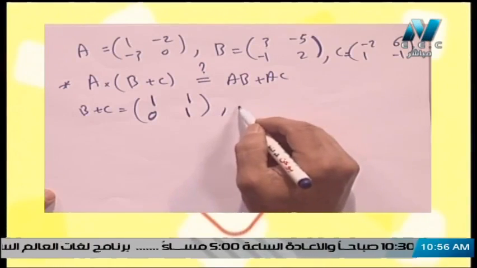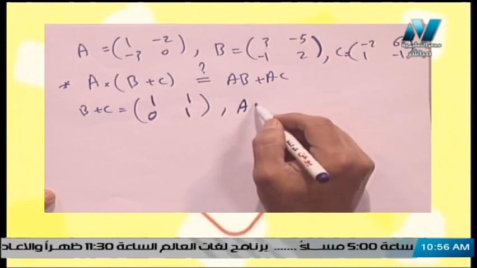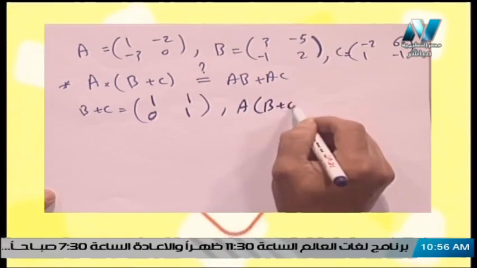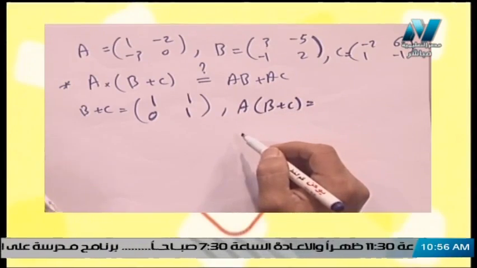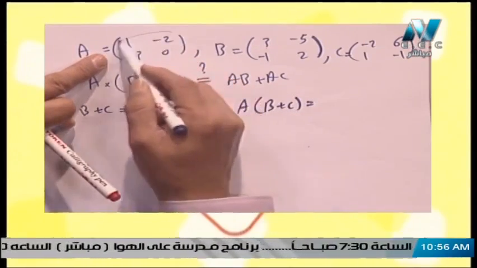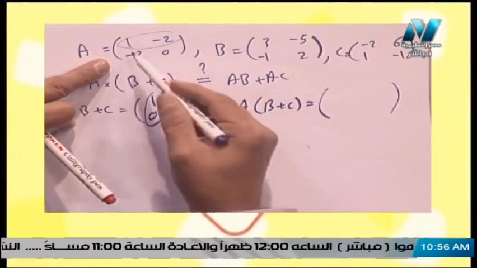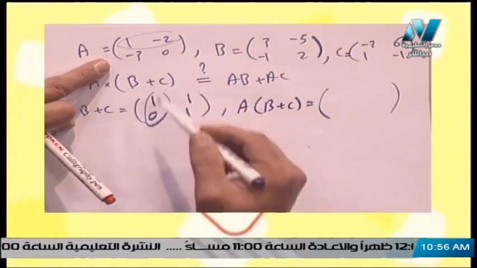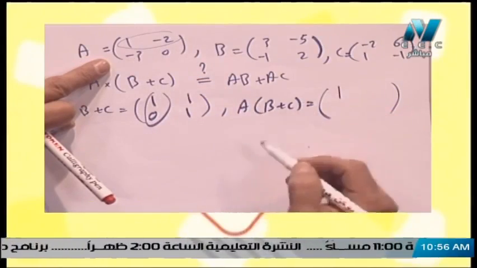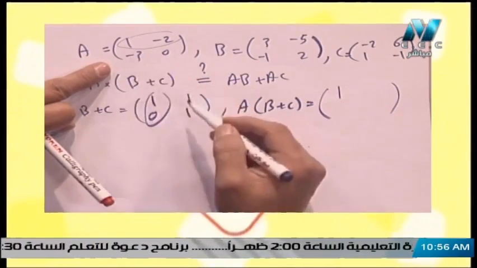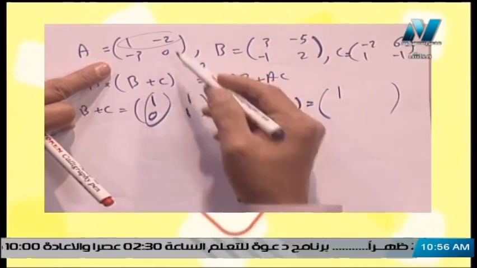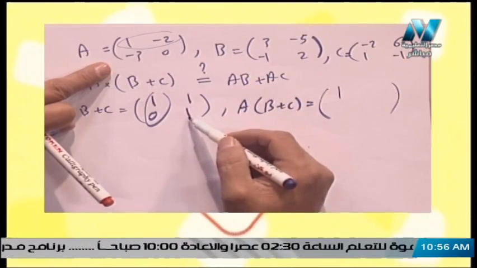And A multiplied by B plus C now equals A here. We have the row multiplied by the column. 1 times 1 equals 1, negative 2 times 0 equals 0, so it's 1. And 1 times 1 equals 1, and negative 2 times 1 equals negative 2, the sum equals negative 1.